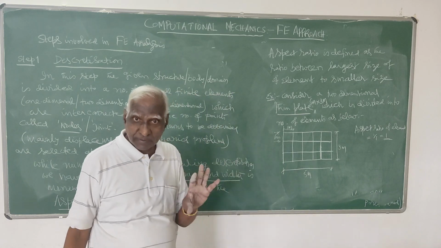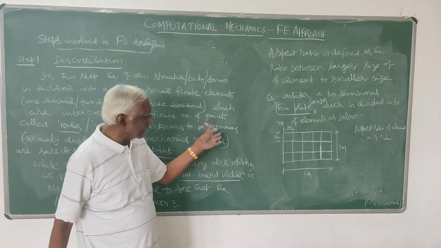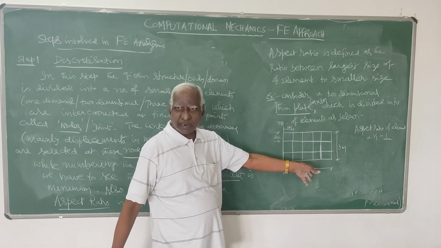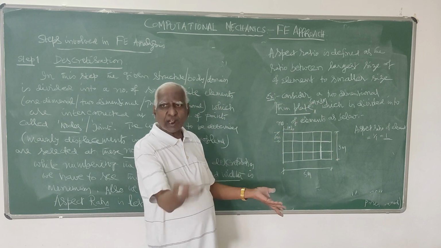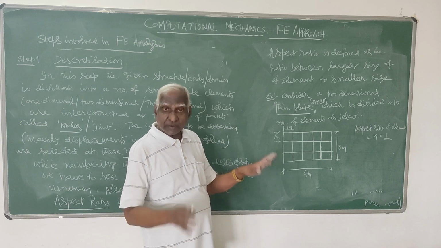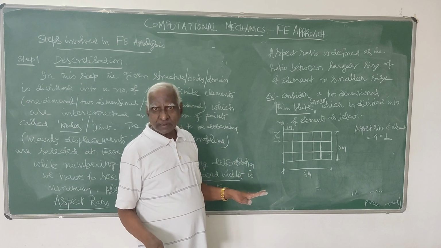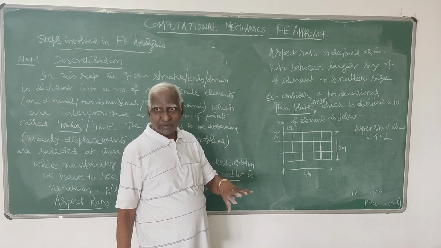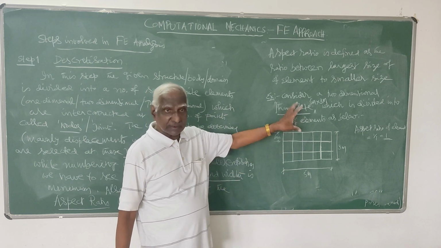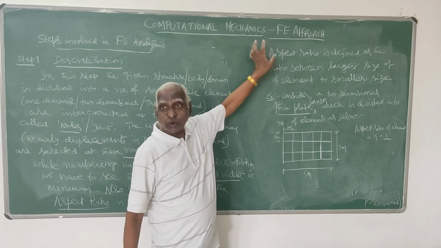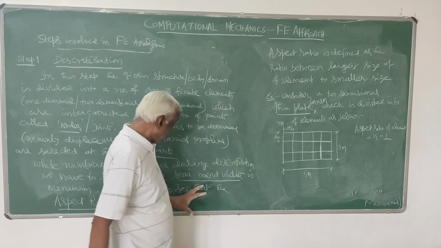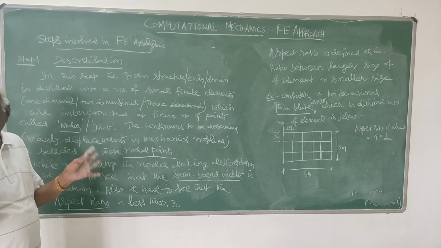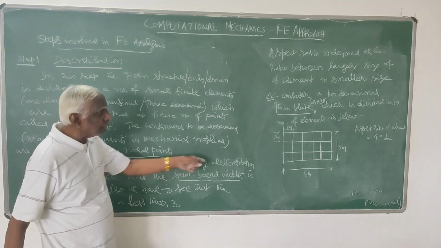So when dividing, it can be anything. You can go for either 2 divisions here, 5 divisions here, and then the aspect ratio will be different. But you divide in such a way that it is always less than 3. That's up to you. This is what the aspect ratio means. Now, numbering of nodes and calculation of bandwidth. So you have to number this.